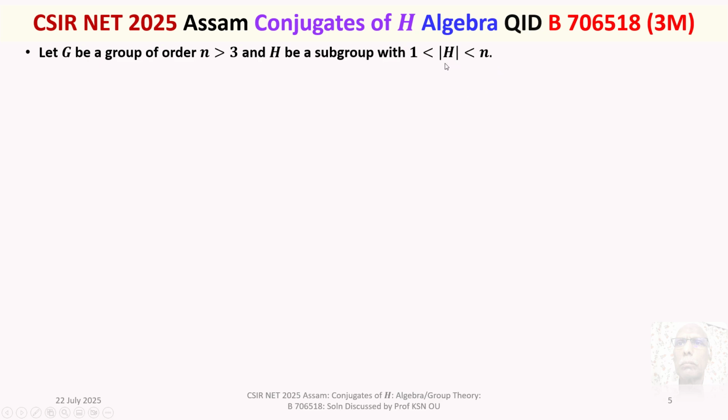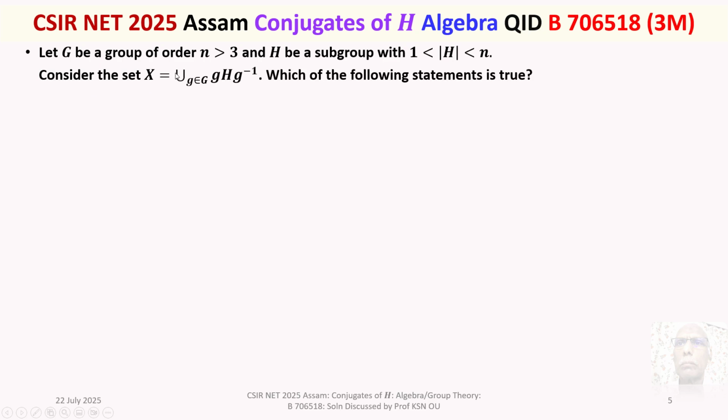That means H is not the identity and H is not the whole of the group G. Consider the set X equal to the union of g H g inverse where g belongs to G. That means the union of all conjugates where small g belongs to G.